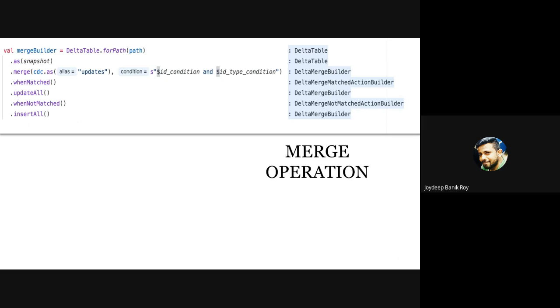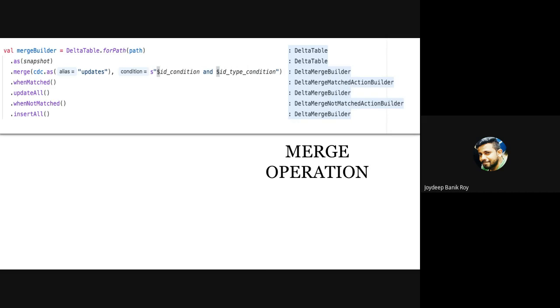We have named it as snapshot, and we're trying to merge something called CDC. Okay, if you see, it's quite readable. We're trying to merge something called CDC, which is our change data capture, it's just a variable. It's basically a Spark data frame. We've aliased it as updates. There is a join condition, if you see here, which kind of gives us an intuition that there must be a join involved somewhere, right?